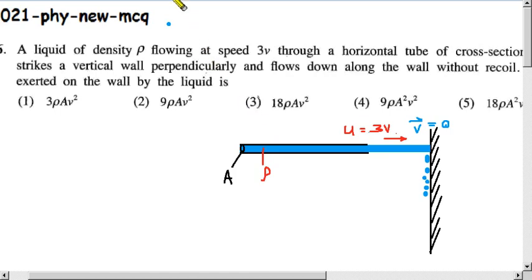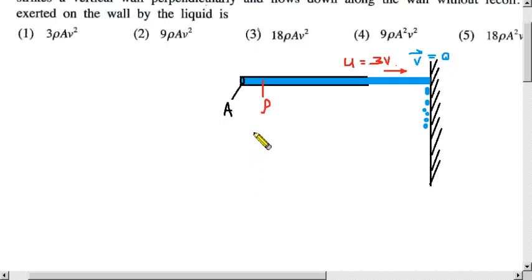So if you have solved these types of questions in the classroom as exercises, you should know that we should apply Newton's second law for these types of questions. That means the force, what they ask is force. Force equals, Newton's second law, mv minus mu divided by t.